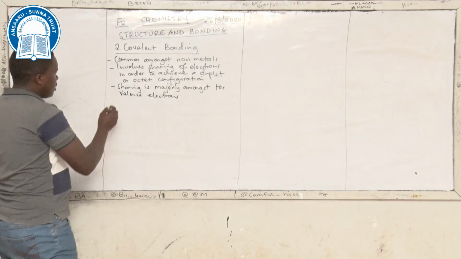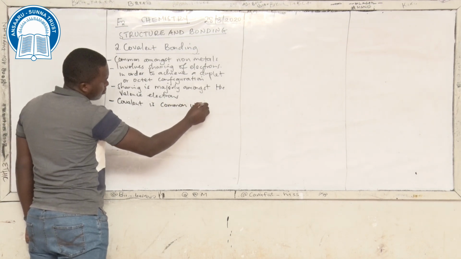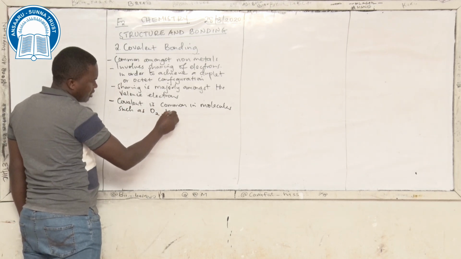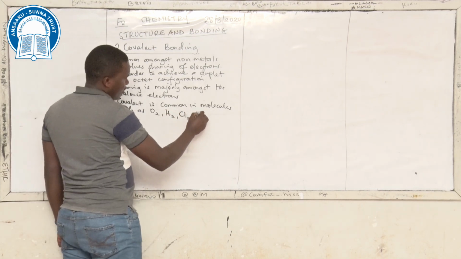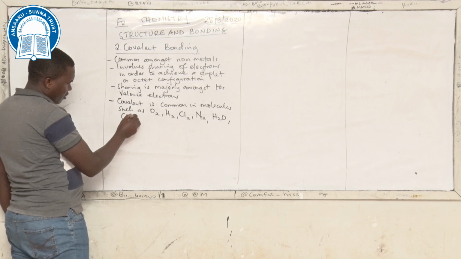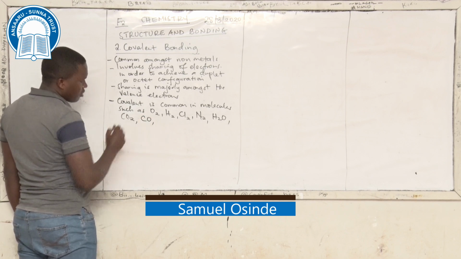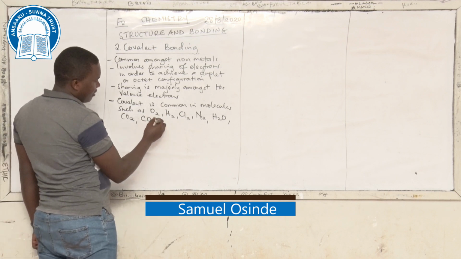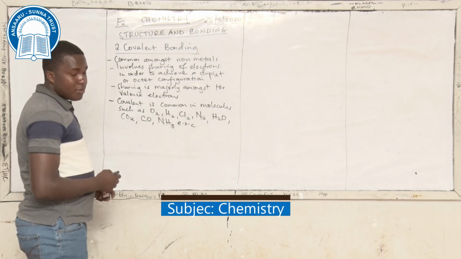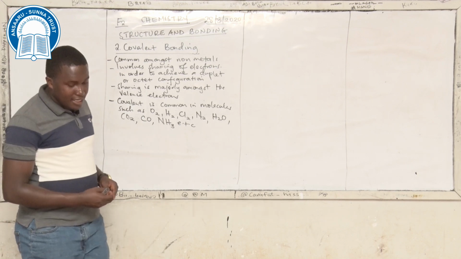This is common in molecules with covalent bonding, such as the oxygen molecule, hydrogen molecule, chlorine molecule, nitrogen molecule, water, carbon dioxide, carbon monoxide, and also the ammonia molecule, etc. This is majorly common in molecules, and when you look at all these molecules, they are made up of non-metallic elements.